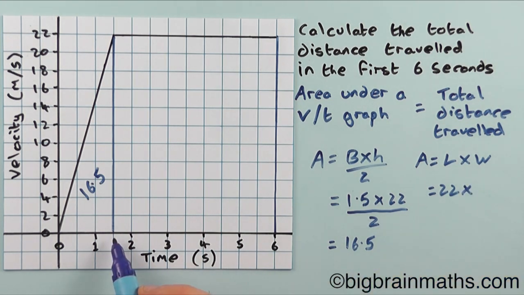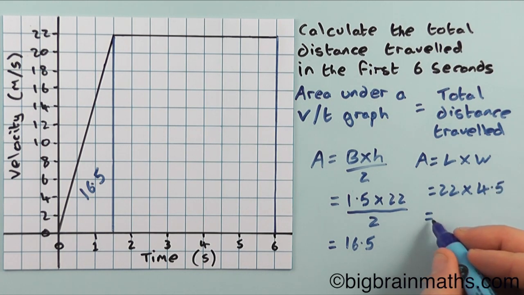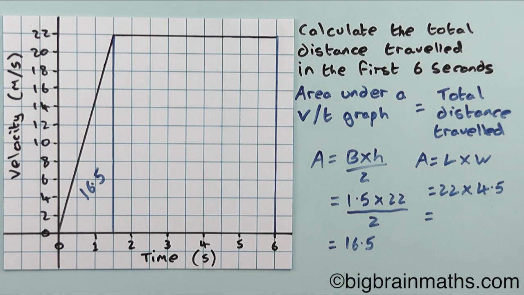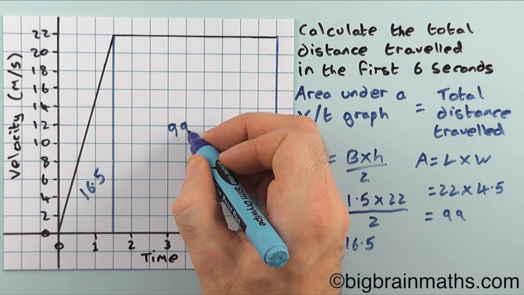The width of the rectangle starts here and finishes here. So the width starts at 1.5 and finishes at 6, so the width is the difference between these two numbers. So the width is 4.5. Now I do this on a calculator and it equals 99. So the area of the rectangle is 99.